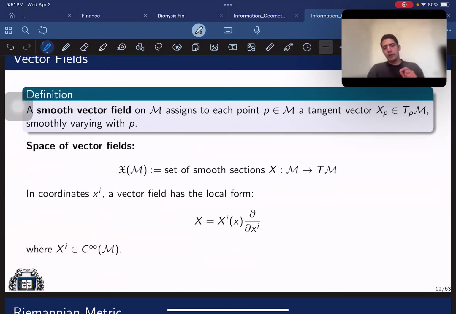Given each point, the vector field gives you a tangent vector at that point. And all we need is for the vector field to be smooth. So with differentiation of the point, the vectors are getting closer so that we can differentiate the vectors as well.